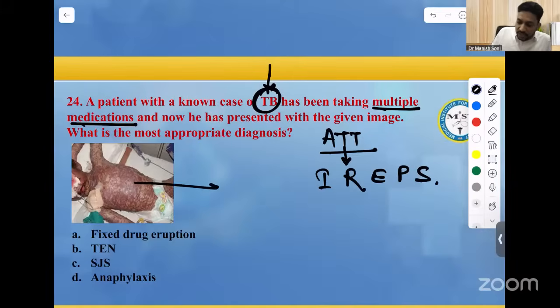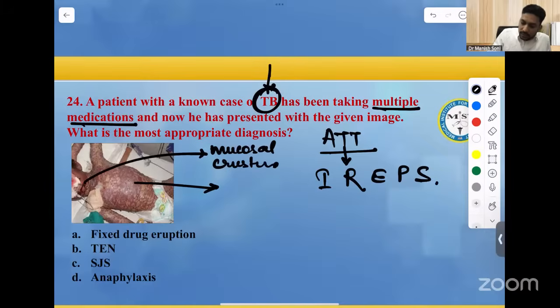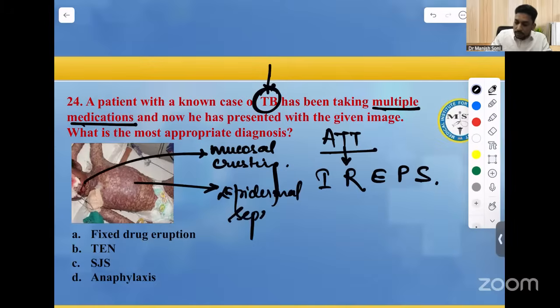Almost complete skin involvement. Patient has developed a drug reaction. As you can see, there is mucosal involvement. So there is mucosal crusting. There is epidermal separation, which is hemorrhagic.